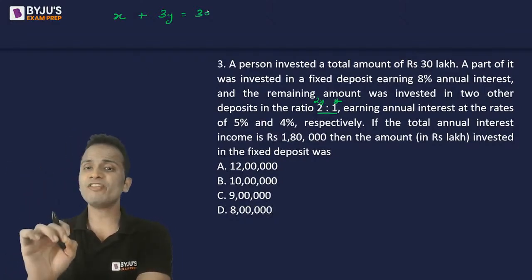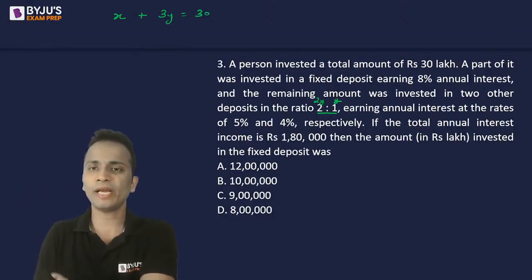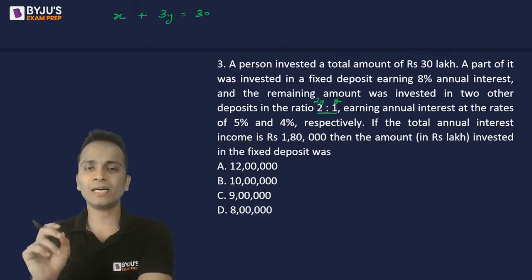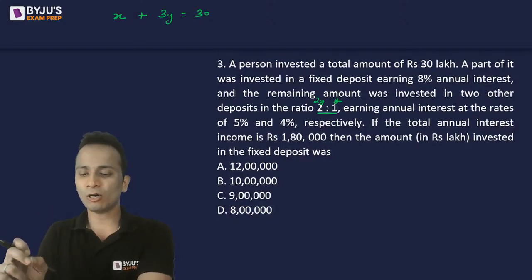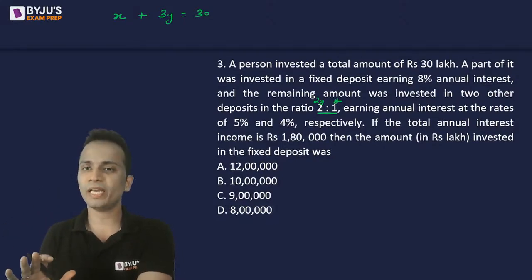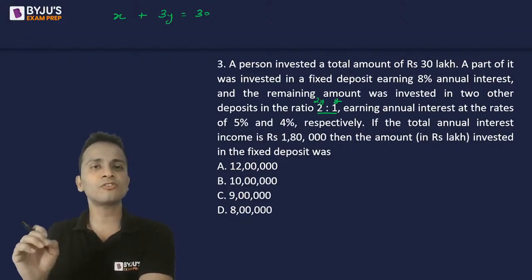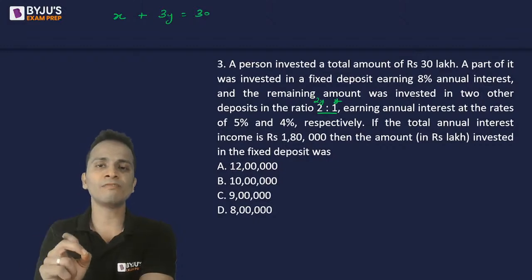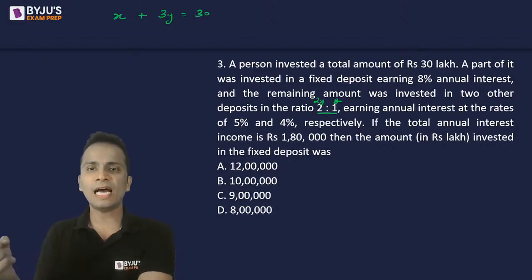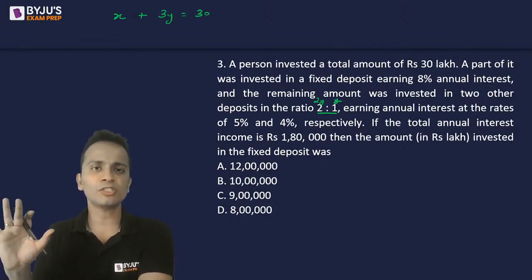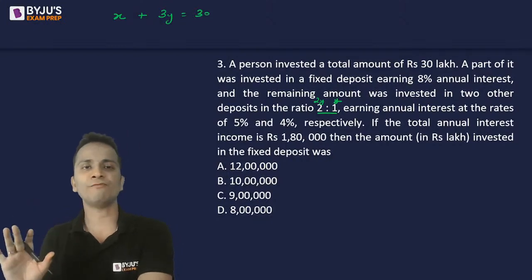Now I'll write everything in terms of lakhs. So 30 lakhs I wrote as 30, and 1,80,000 I'll write as 1.8. X is the money invested in the fixed deposit, and the next part, divided in the ratio 2:1, is deposited in the other schemes at the interest rates of 5 and 4%.